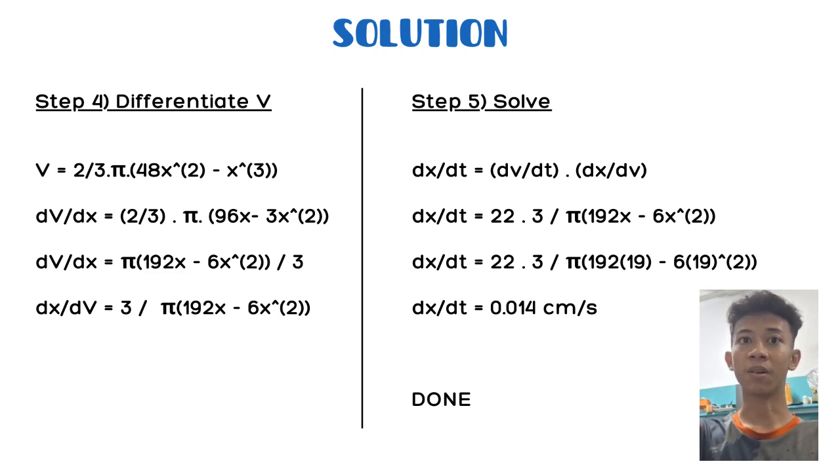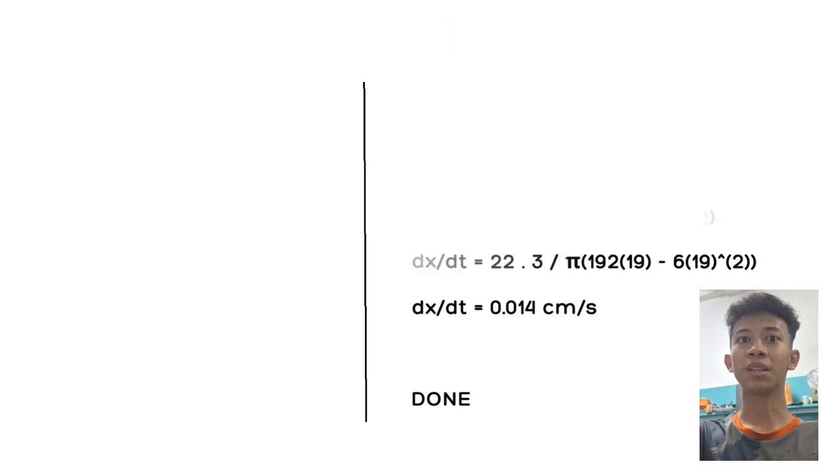Combine at step 4. dx over dt equals dV over dt times dx over dV. dx over dt equals 22 times 3 over pi times (192 times 19 minus 3 times 19 squared). dx over dt equals 0.014 cm per second. That will be the last answer.